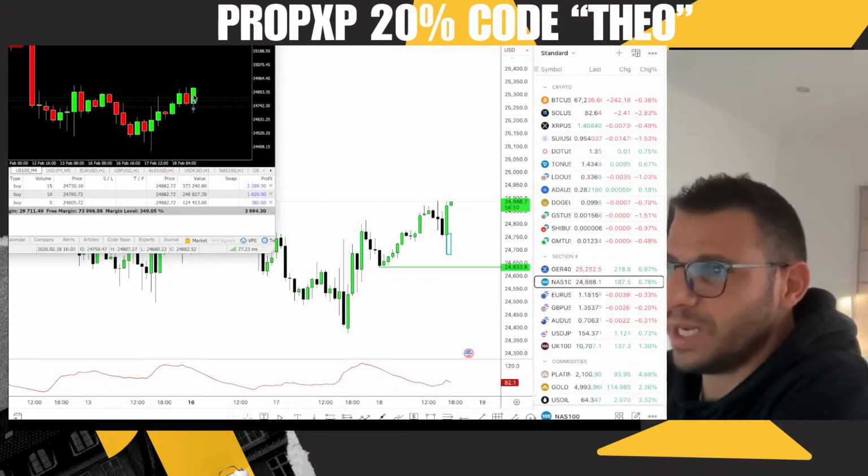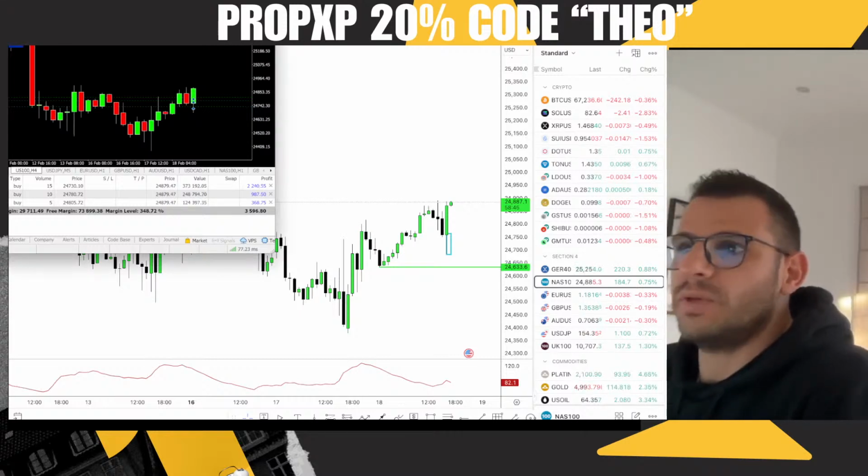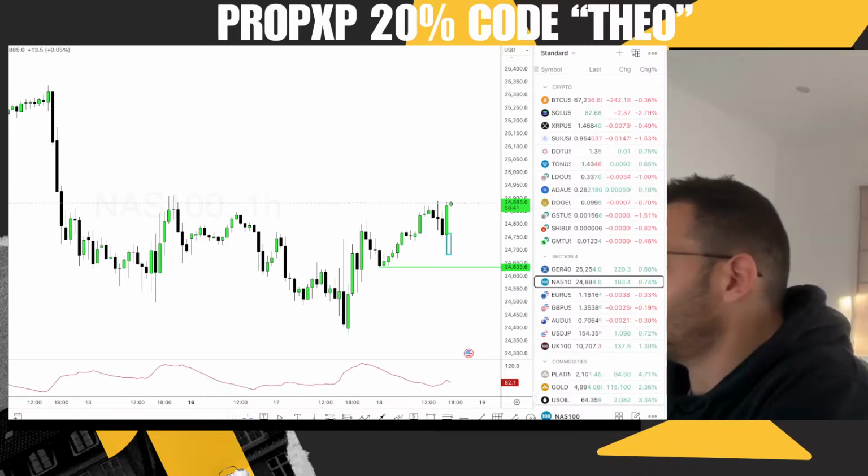Now the price is at the key resistance area, so definitely I'm expecting some kind of reaction here, and for that reason I will just manage the trade accordingly. Just bear with me.